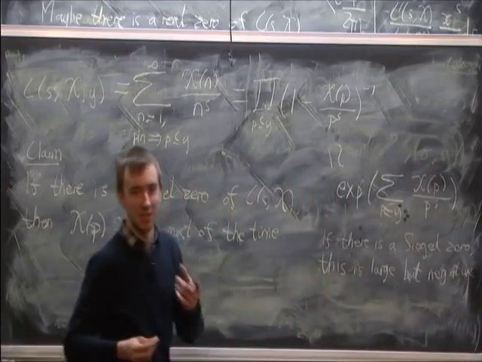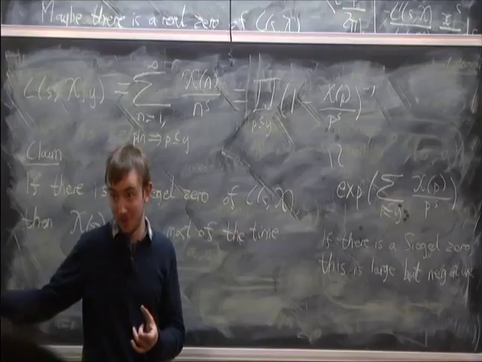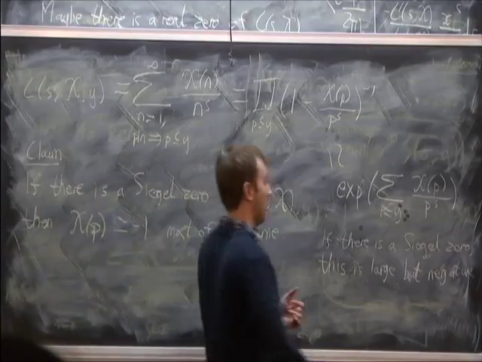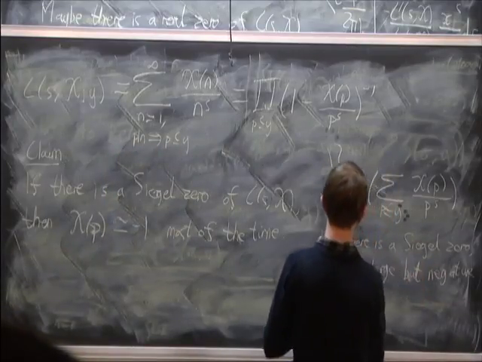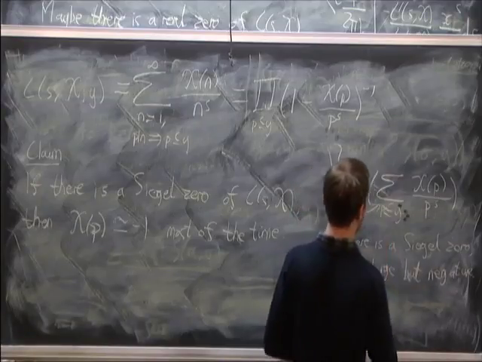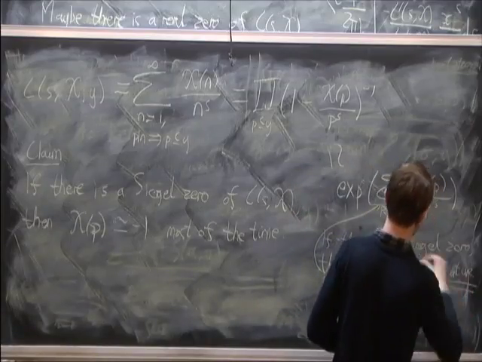So the point will be that it's not the Siegel zero that determines that. It's determined by other things. Right, so if there is a Siegel zero, this is large but negative when s is real.